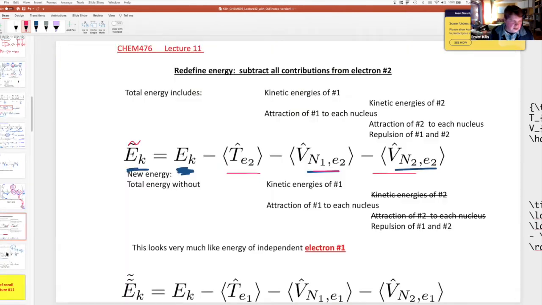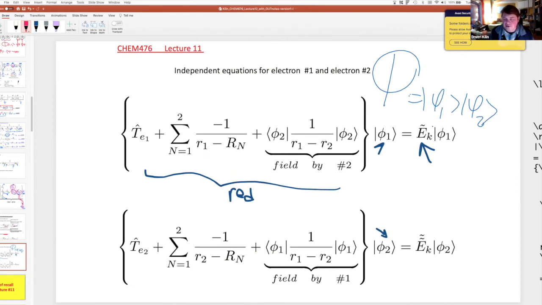After redefining this tilde energy, I'm obtaining an equation that has operators: the operator for kinetic energy of the electron, the operator of electron-nuclear attraction only for electron number 1, and then this hybrid operator that corresponds to the interaction between electron 1 that we want to find and electron 2 that we assume to know from somewhere.